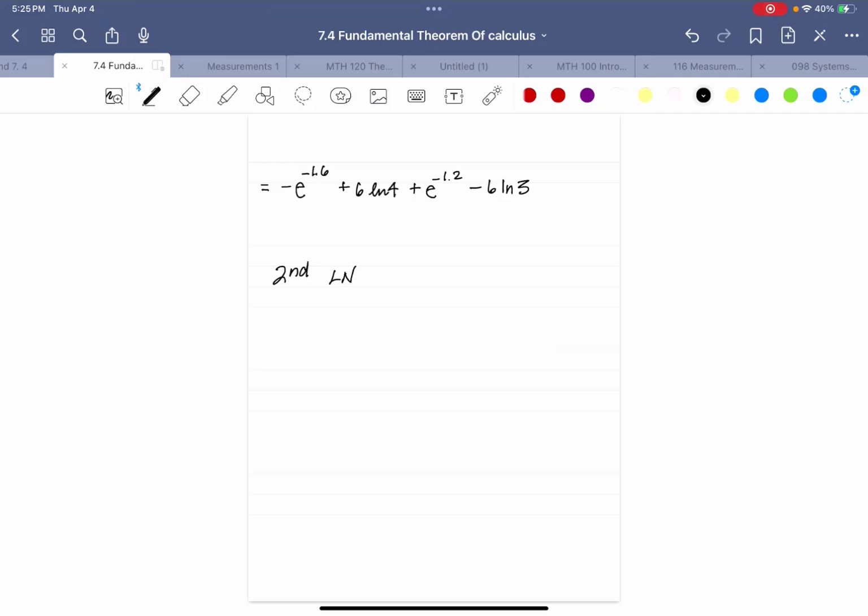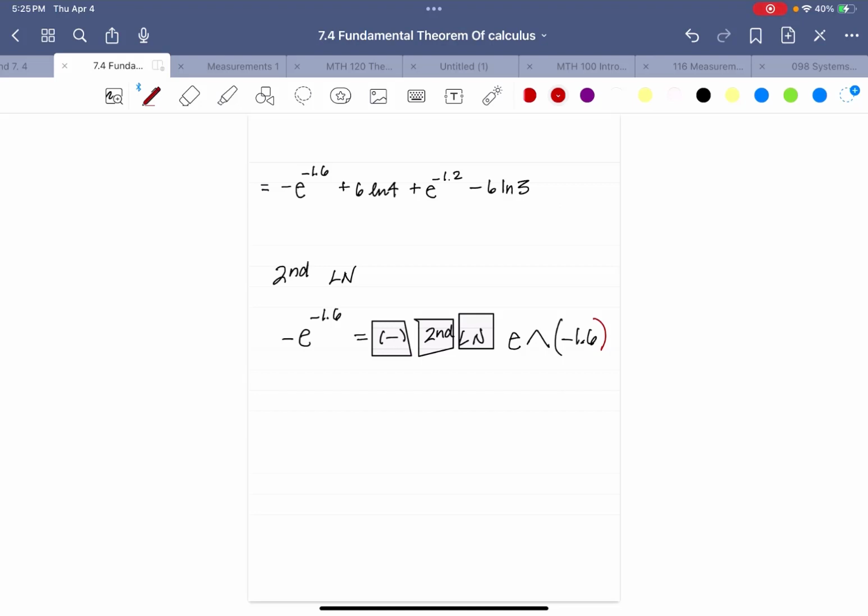So if you type in negative e to the negative 1.6, you have to type in the negative sign first, and then you do second natural log. So that's going to take 3 keys. Okay, and then the e is going to show up, and it's going to have a caret key behind it and a parentheses. You type in the negative 1.6, and you have to close your parentheses.